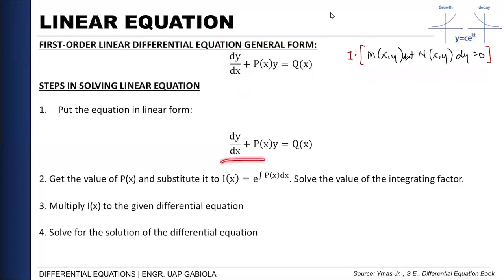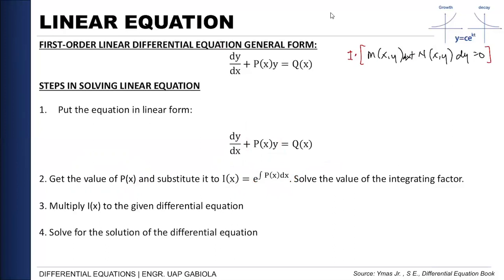First is to put our equation into linear form. And then, we can now identify the value of P. Whatever the value of P is, we will use the equation of the integrating factor, which is e raised to the integral of P dx. We need to solve for the integrating factor, so whatever the integration function is in the exponent of the exponential formula, we need to solve that.